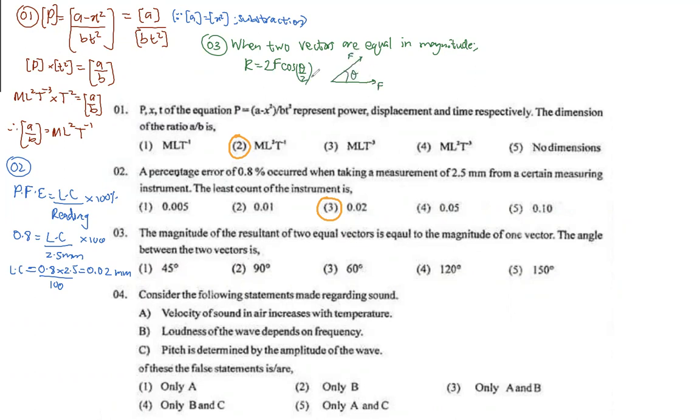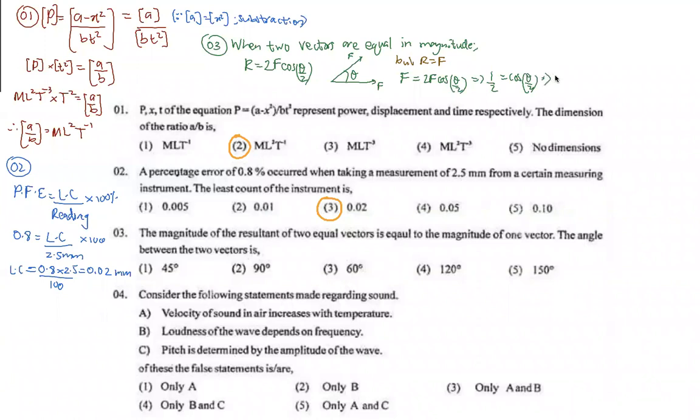Okay, but in this question they have told R is also equal to what? F. That is what they have told. So instead of R, if I substitute, F is equal to 2F cos theta by 2, and that means half equals cos theta by 2.